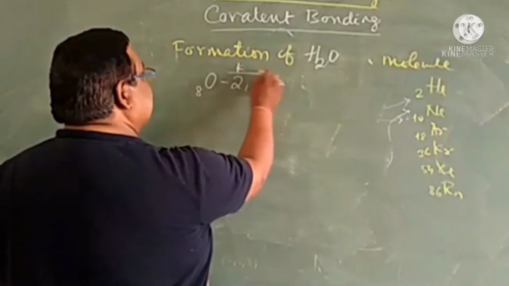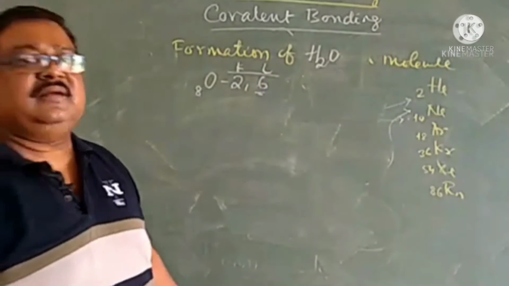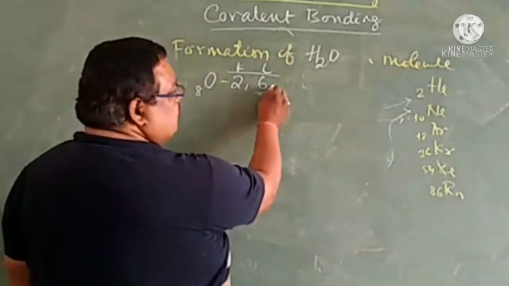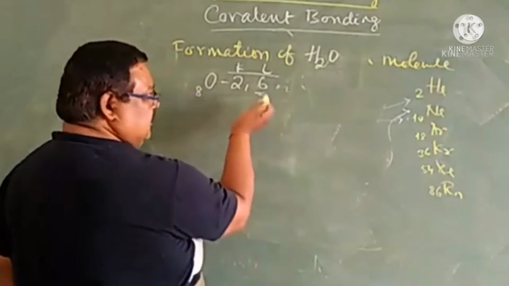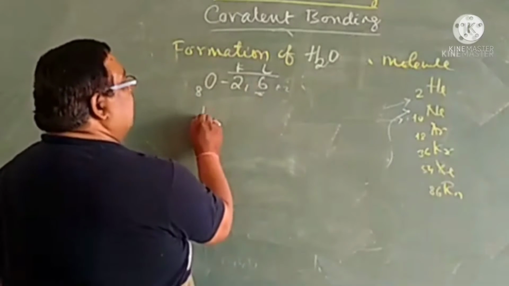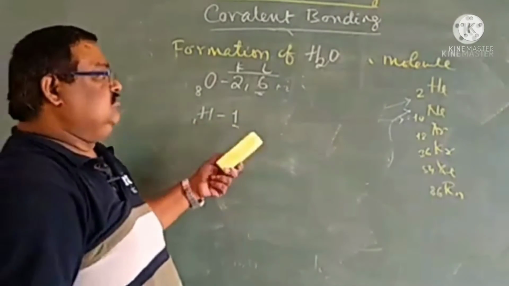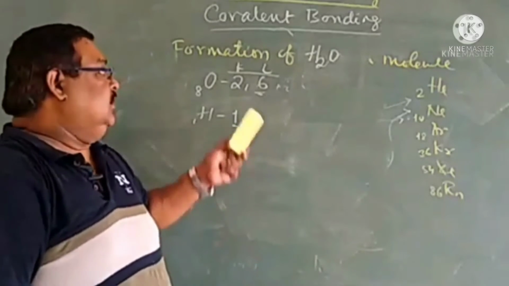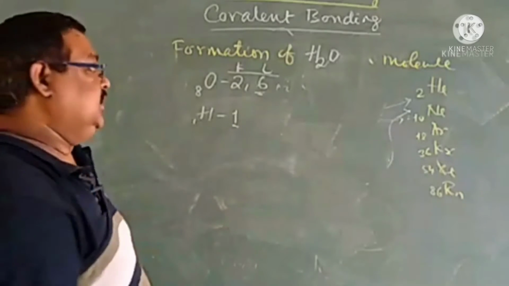In the K shell we have 2 electrons, in the L shell 6 electrons, which is the outermost shell or valence shell. So the valence shell has 6 electrons, and how many more does it need to become octet? Only 2 electrons. So it will share 2 electrons. Now hydrogen atomic number is 1, contains only 1 electron, requires 1 more electron. So each hydrogen needs 1 more electron to become duplet. And the oxygen atom needs 2 electrons to become octet.